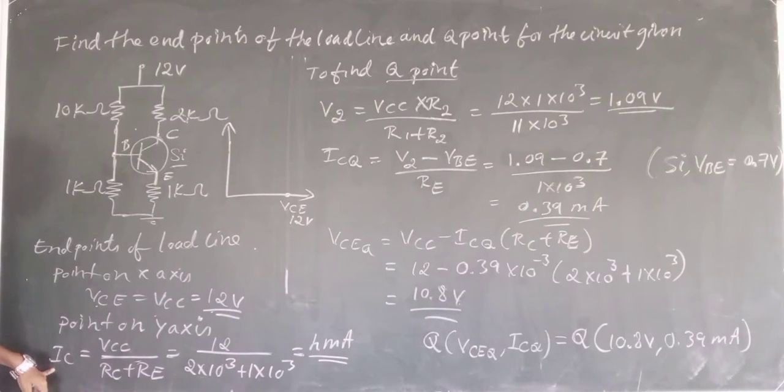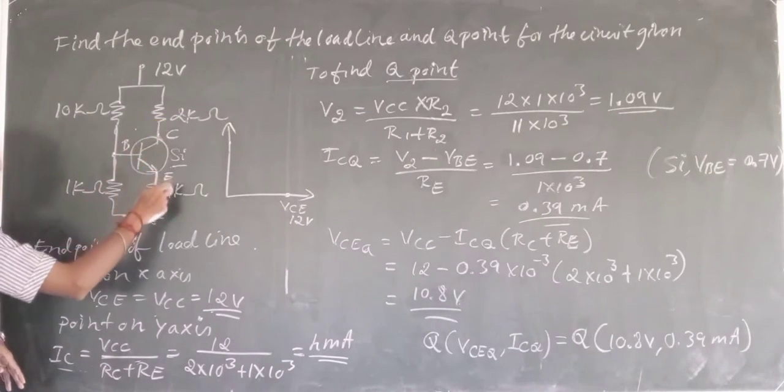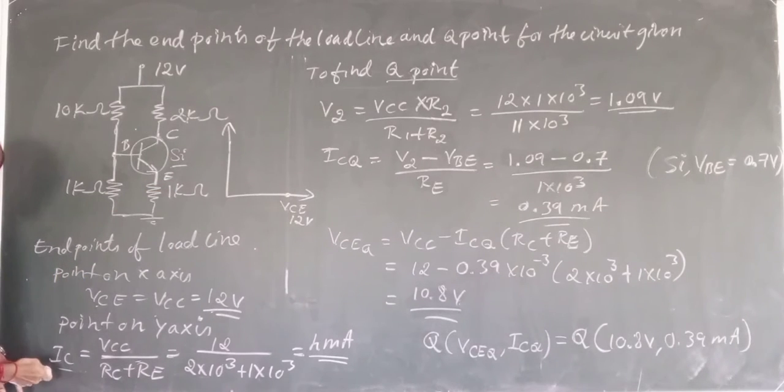To find out the point on the y-axis, we have to consider the equation IC will be equal to VCC divided by RC plus RE. When I know the RC value and RE value, I can use this equation.